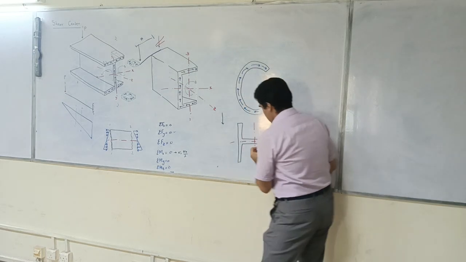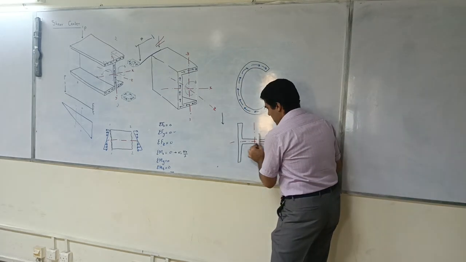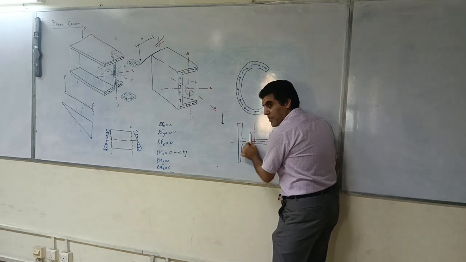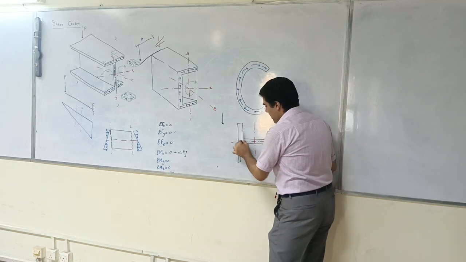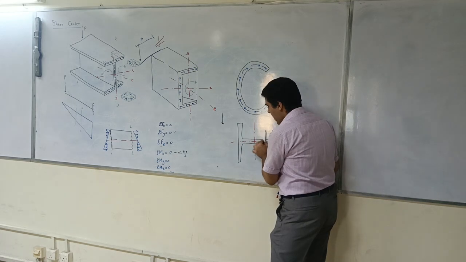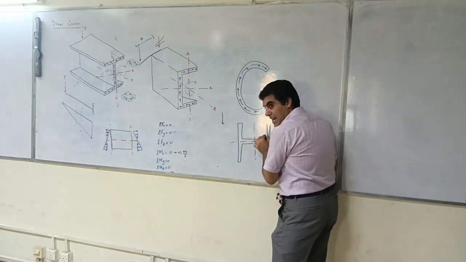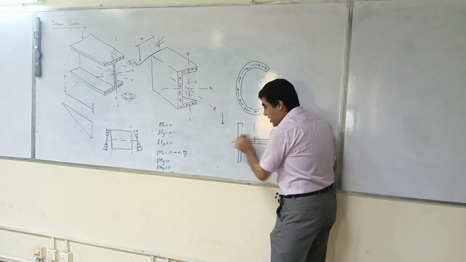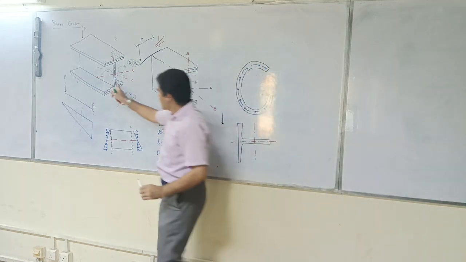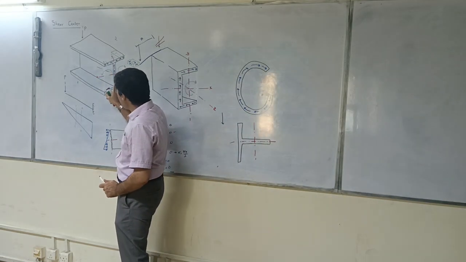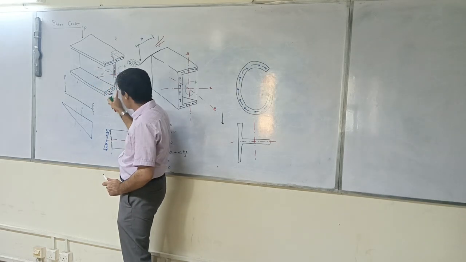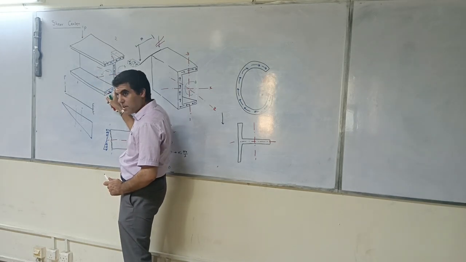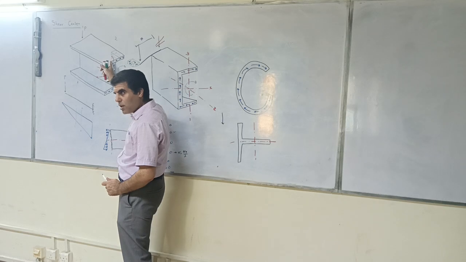This flange, or this leg in this direction, is not taking any shear. Remember I told you that you need a vertical member like this in order to take your shear. The percentage of shear taken by this member is very small.